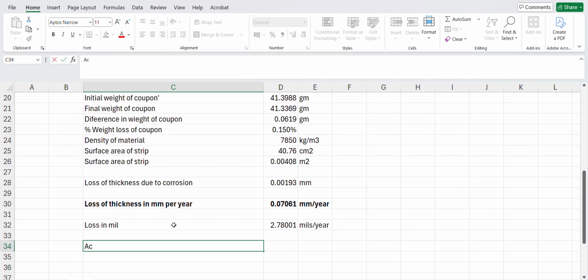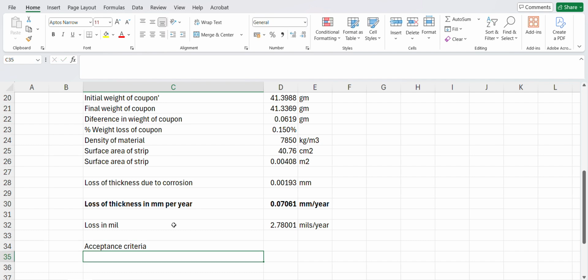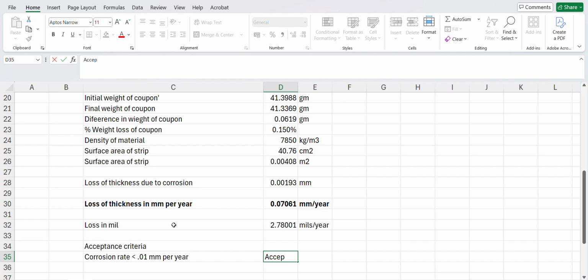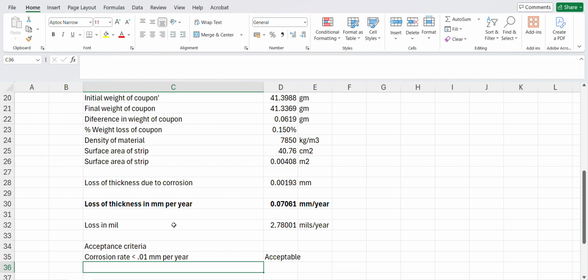There is some acceptance criteria. When the corrosion rate is less than 0.1 per year, in that condition our material selection is acceptable.